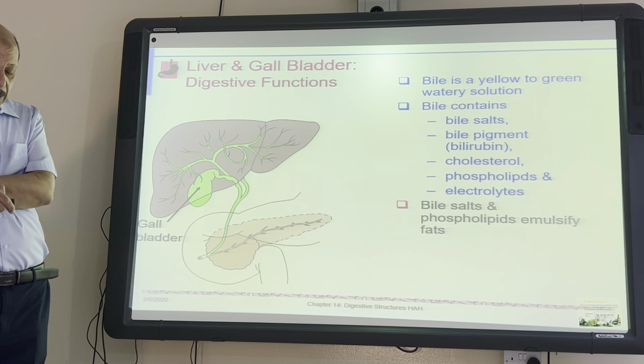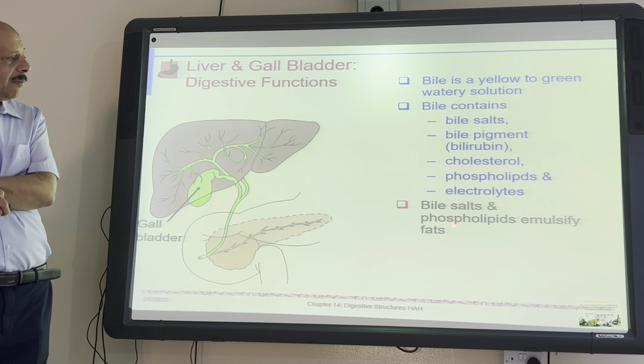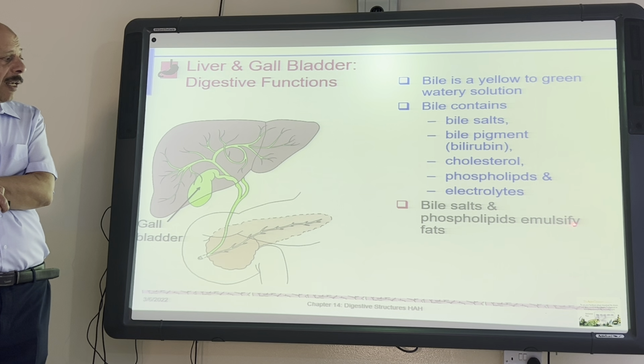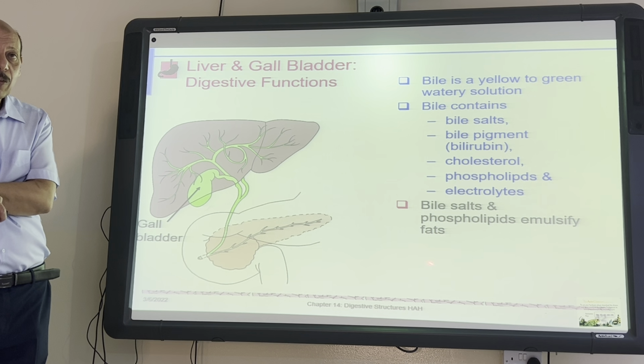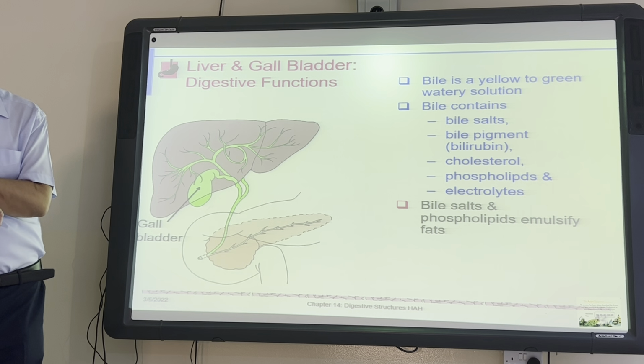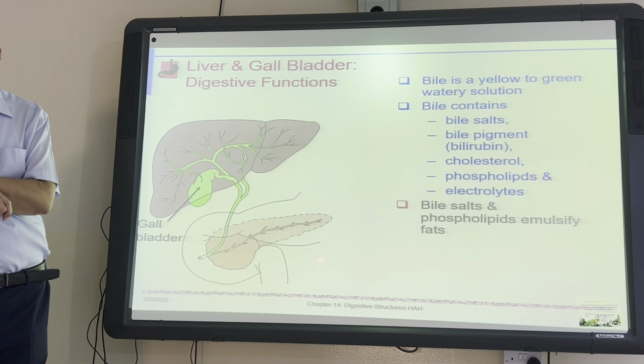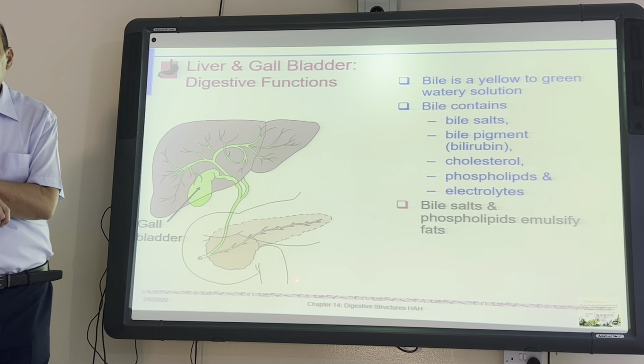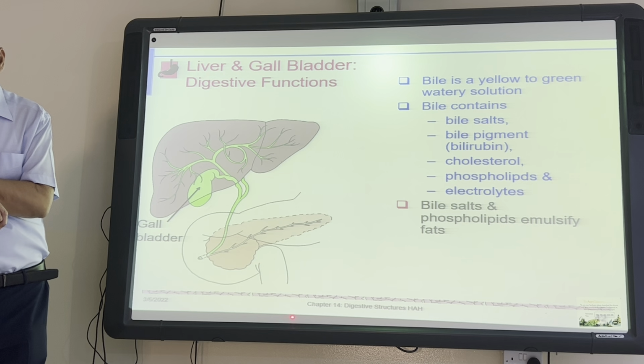The bile salt and phospholipid emulsify the fat. So the function of them is to emulsify the fat, changing the fat into an emulsion, which is more soluble.